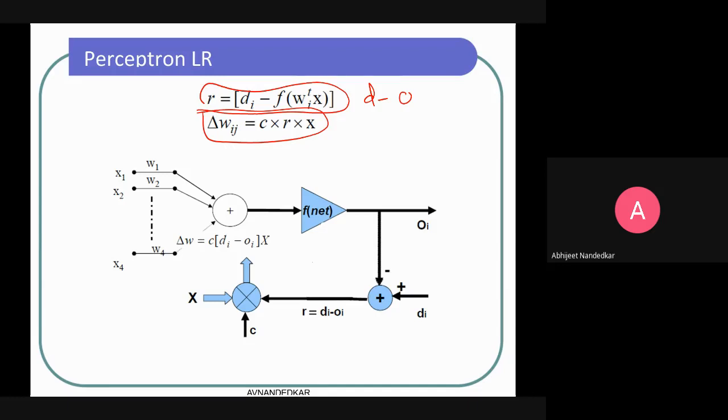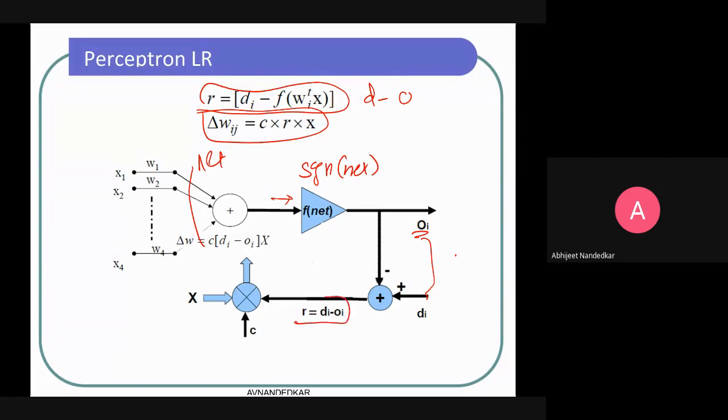Now, if you see carefully, what is happening is you compute net here, then you pass this on to the activation function, and then you compute the output. This output is compared with the desired response.